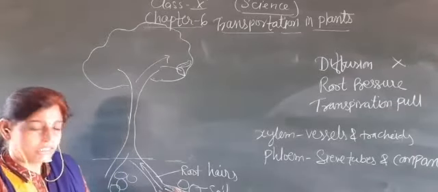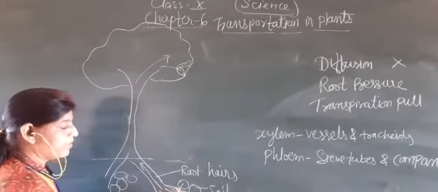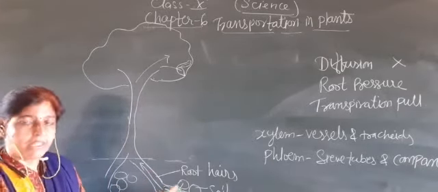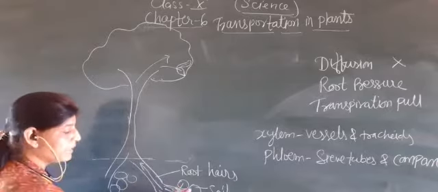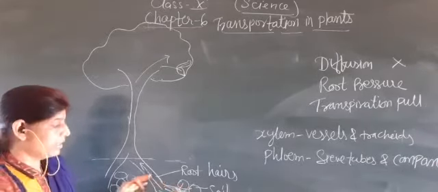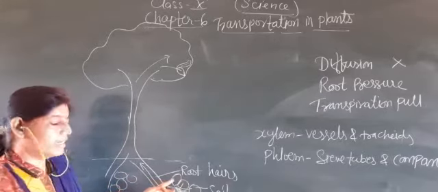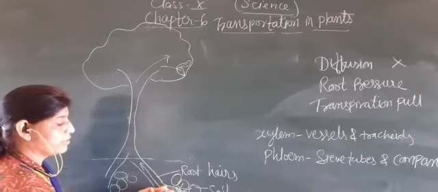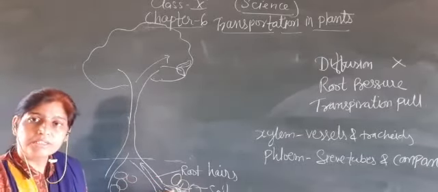Due to the taking in of ions from the soil, a concentration gradient develops here. Due to the concentration difference, water easily moves in from the soil to the cells of the root.